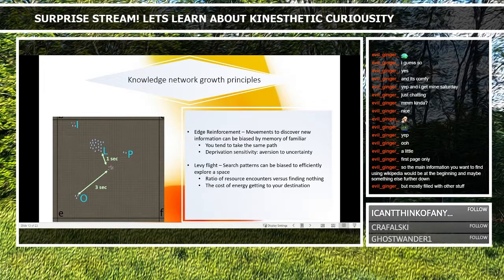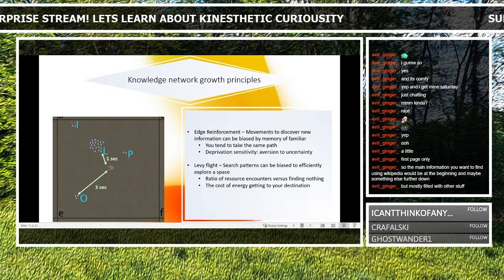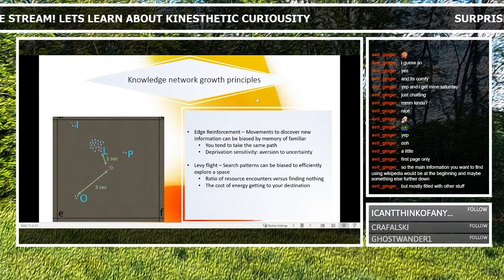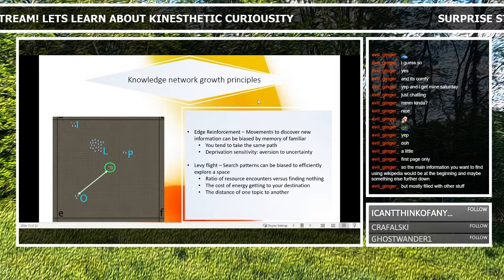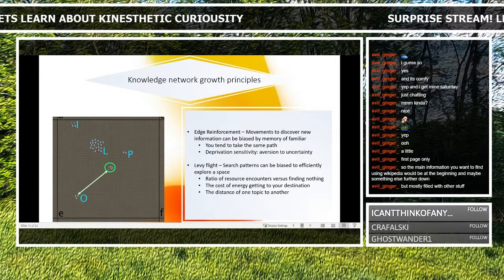So these knowledge networks are trying to find the most efficient way of doing this, and these concepts help lower the cost. The next aspect is the distance from one topic to another. Say I was looking up tutorials for Photoshop.